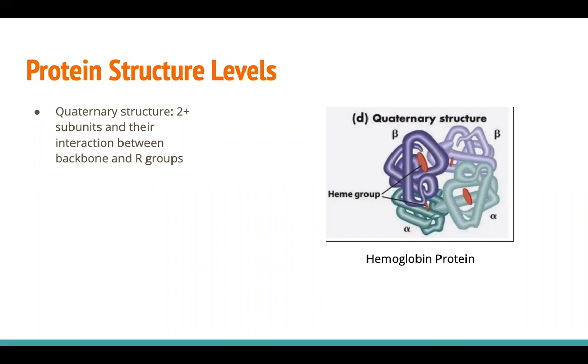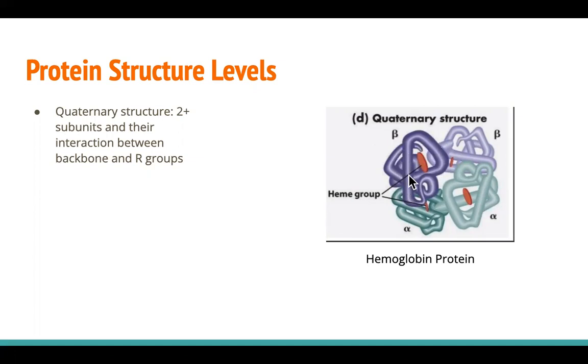After tertiary is the quaternary structure, and quaternary structure is when you have multiple polypeptide chains. So the primary, secondary, and tertiary structure would be involved for just this one purple part.